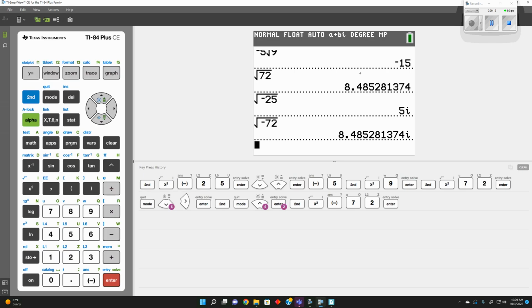Now let's see here. If you notice on the graphing calculator, the decimal right above it in blue is what? If we go second decimal, it will pull up i.